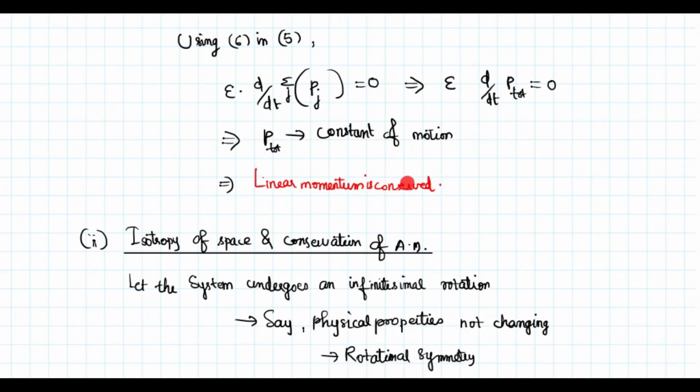Next, we will discuss isotropy of space and conservation of angular momentum. So here we will look at the rotational transformation of the system. Here we allow the system to undergo some infinitesimal rotation and assume that its physical properties are not changing under rotation. That means its physical properties are the same in all directions.